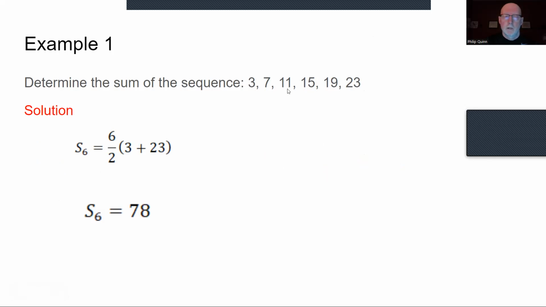This formula tells us to take half the number of terms, so 6 divided by 2 is 3, and multiply that by the sum of the first term, 3, and the last term, 23. So 3 times 26 is 78. So we say the sum of these 6 terms would be 78.